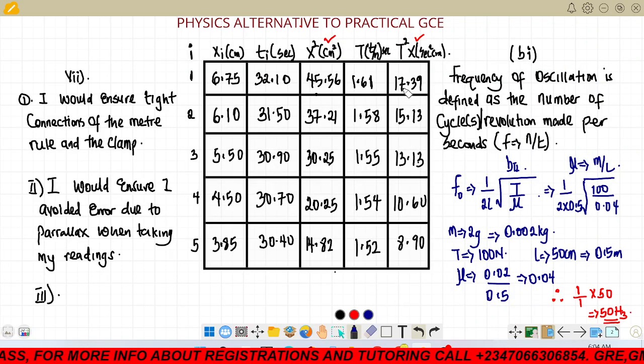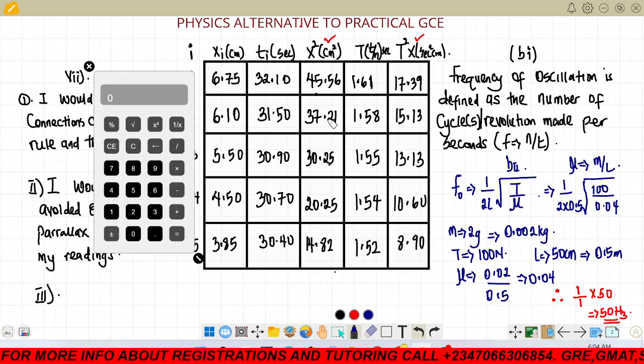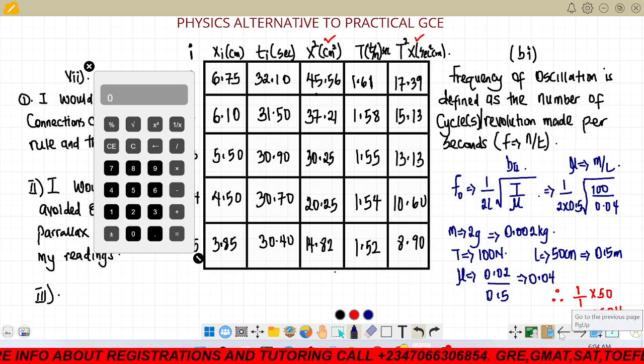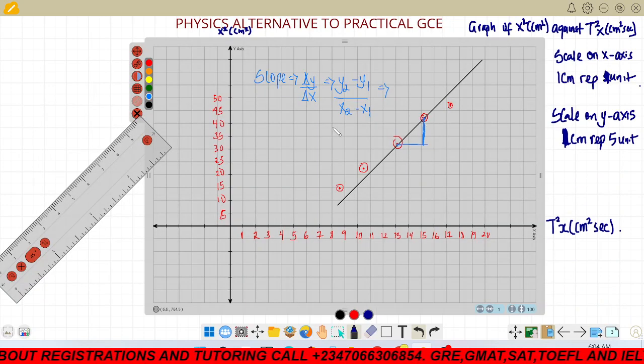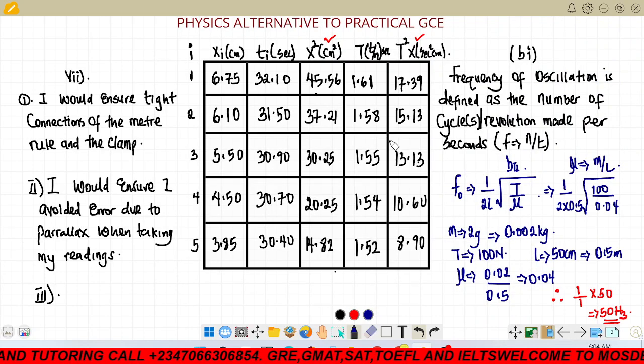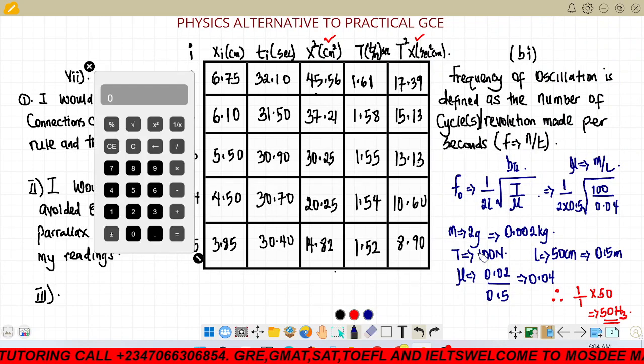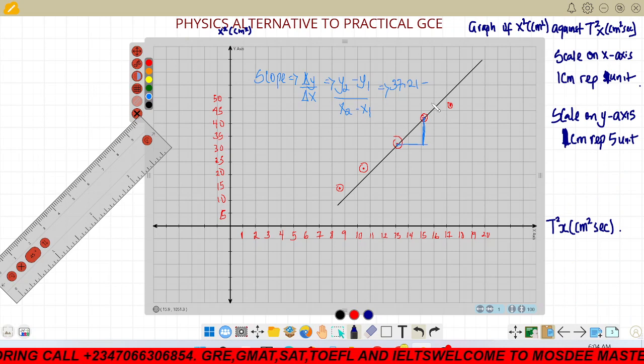You can trace it as well because I have the point 37.21, 15.13. So this is 37.21. My y2 is 37.21 minus the lower value, which is the third value, 30.25. I don't need to be tracing anything because I have the values.